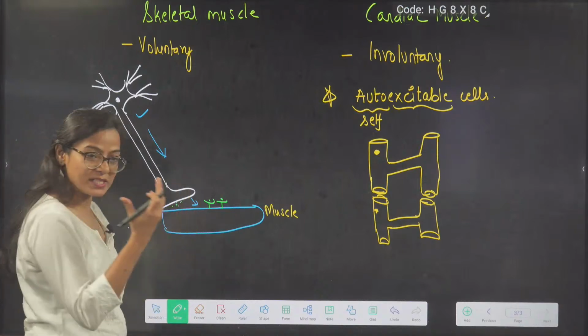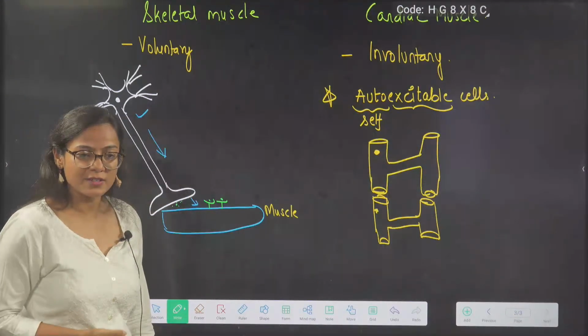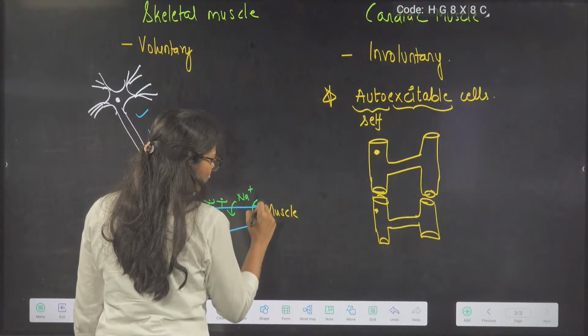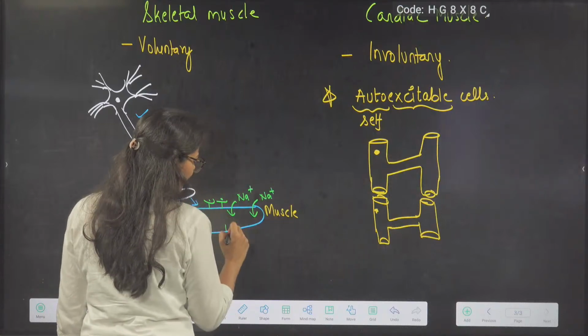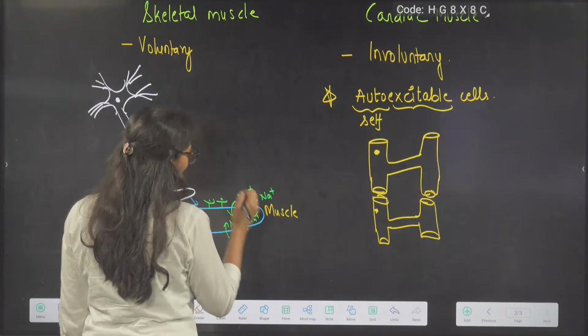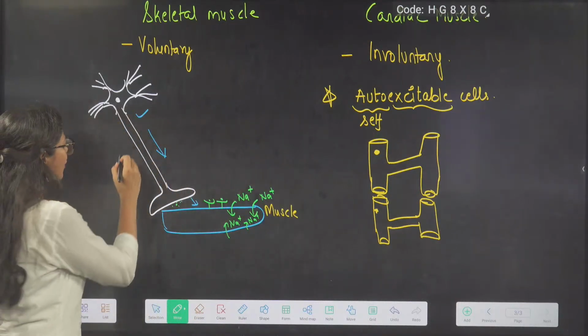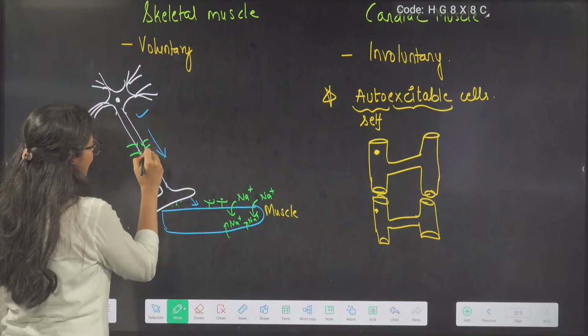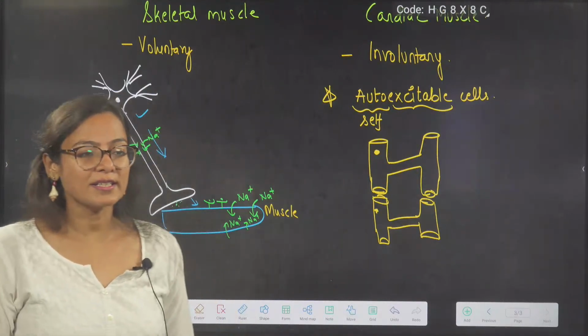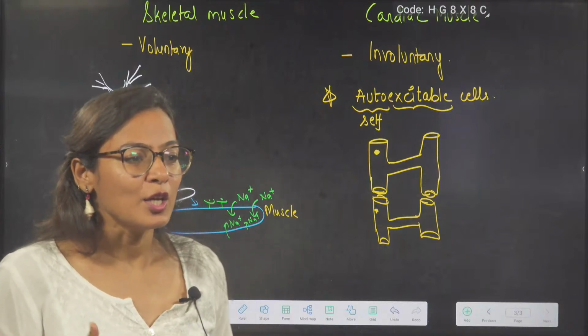Then as soon as the muscle receives this stimulus, receives this message, what will happen? Sodium ions from outside will enter inside the muscle cell, or the same goes for neurons also. When the sodium ions enter into the neurons, we say that they are generating the impulse.